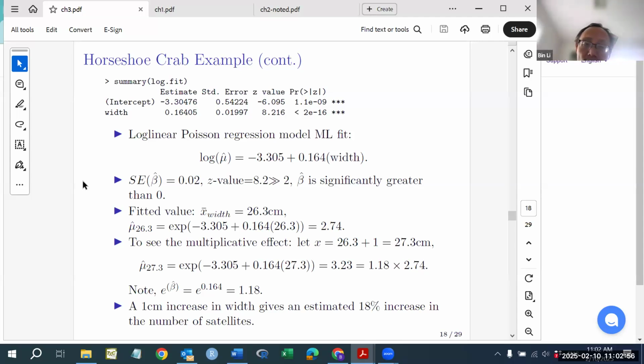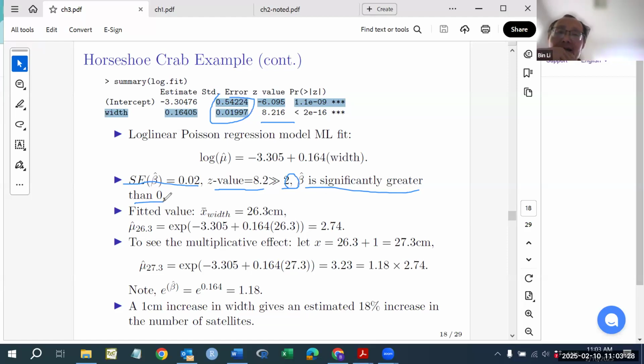And for this log linear model, you can see we have the standard error for the intercept and slope, and we can do the inference. The standard error of the width is about 0.02, so the z-score is about 8.2, which is much bigger than 0. So that means the beta hat is significantly greater than 0.